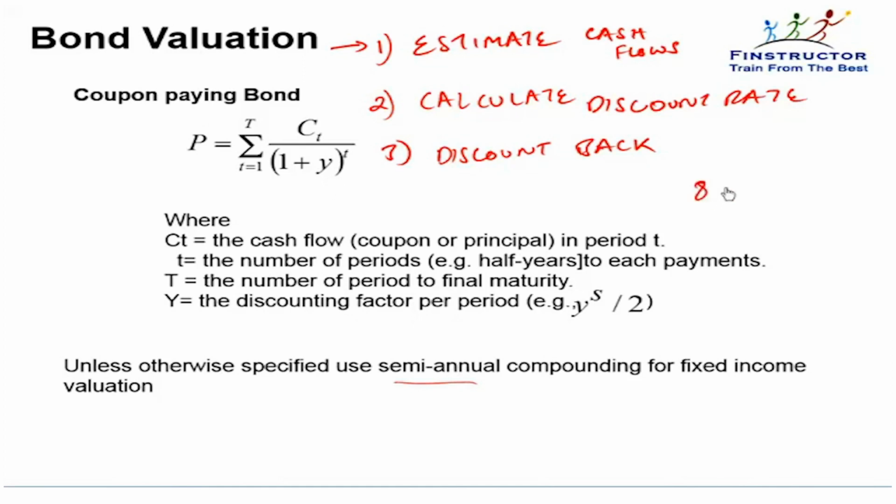So if 8% is a semi-annually compounded rate, then every 6 months we will be discounting back by 8 by 2. If 10% is the annual coupon, then every 6 months we will receive a coupon of 10% by 2. So remember, the coupon rate as well as the discounting rate are annualized. However, they are semi-annually compounded.